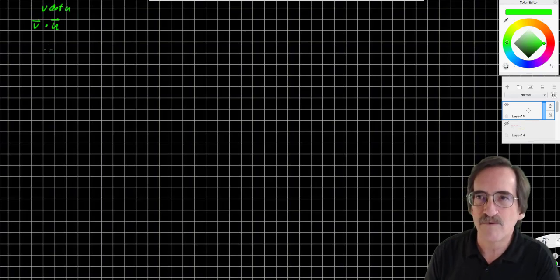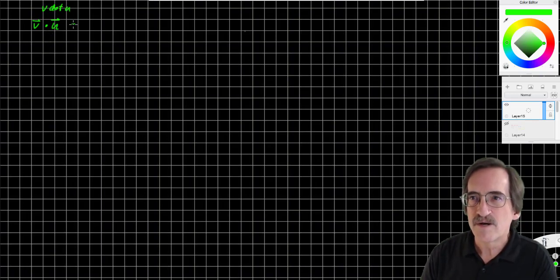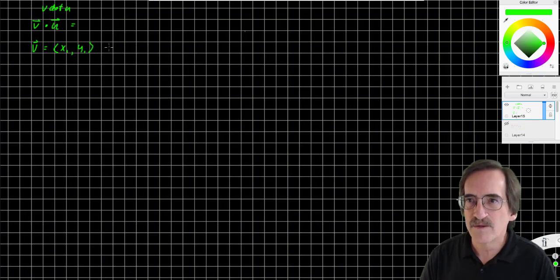Okay, V dot U. The dot product, if V is, let's call this, I'll just call it V, let V equal x1, y1, and let U equal x2, y2.